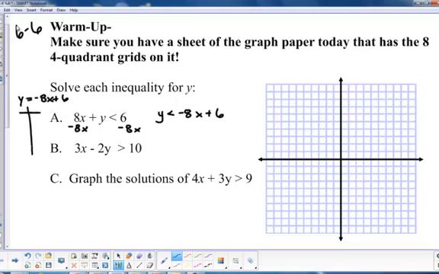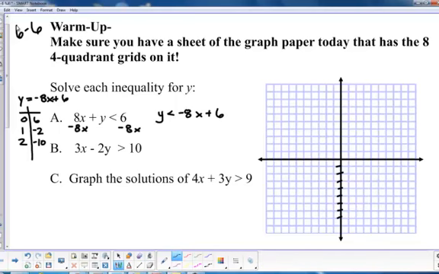And if I make a table of that, 0 would give me 6, and then I would be going down by 8. So 1 would give me negative 2, and 2 would give me negative 10. So if I come over here, 1 gives me negative 2.